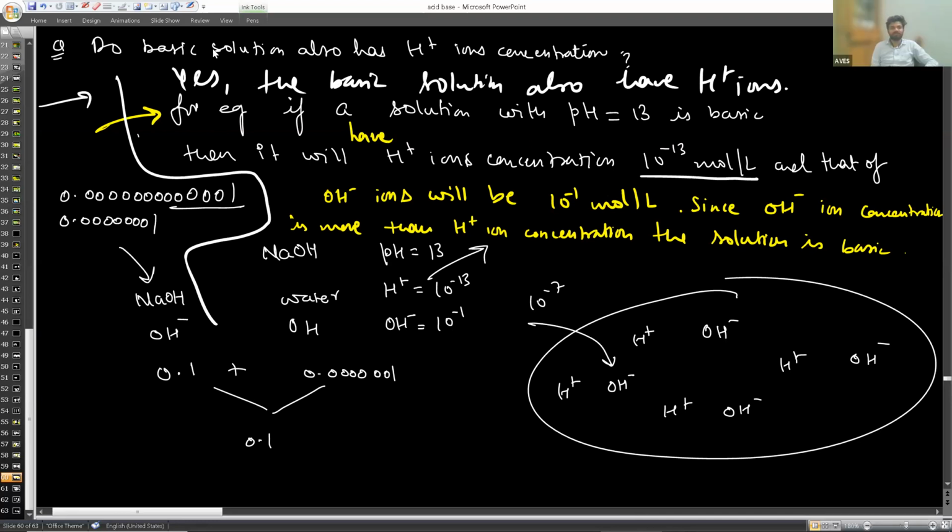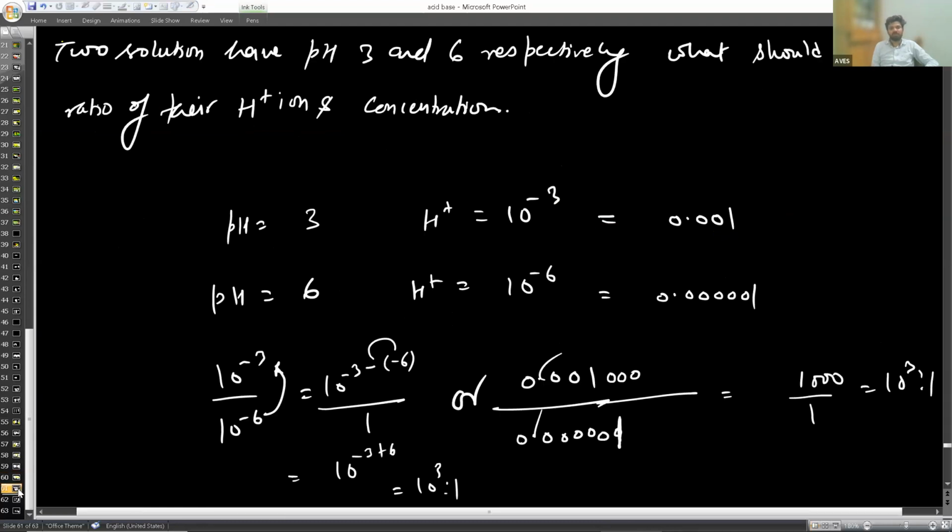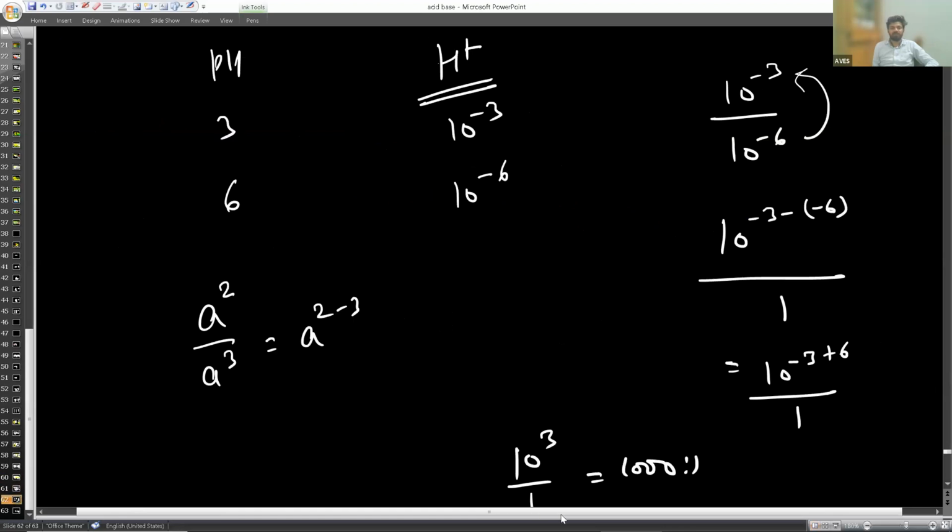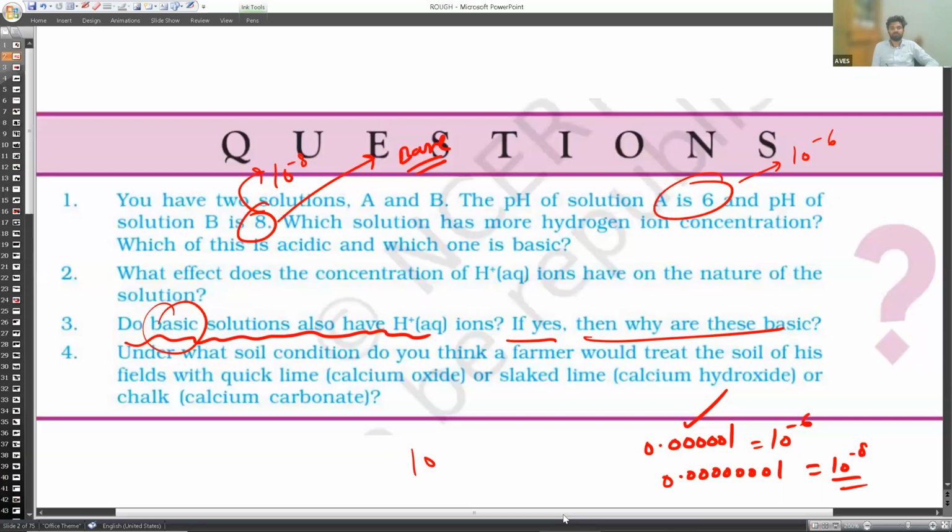Okay, so you done this one. The next question that comes in examination related to this topic is: what is the effect of the concentration of H plus ions on the nature of the solution?